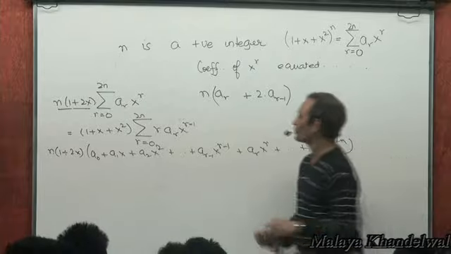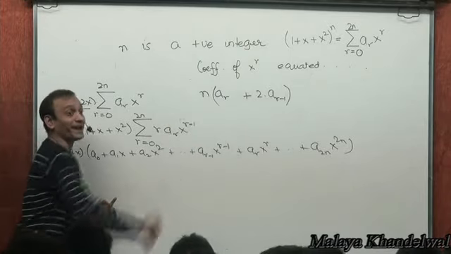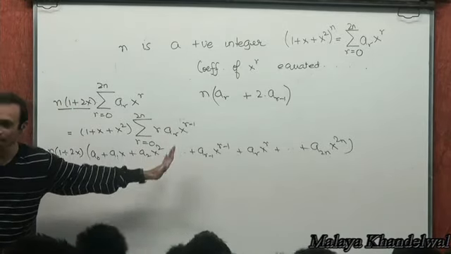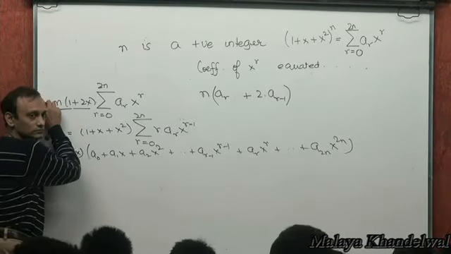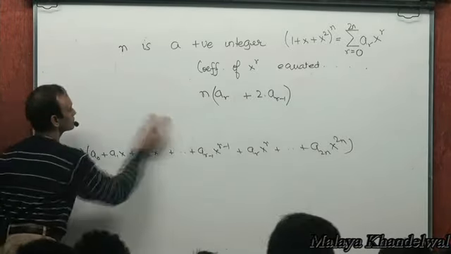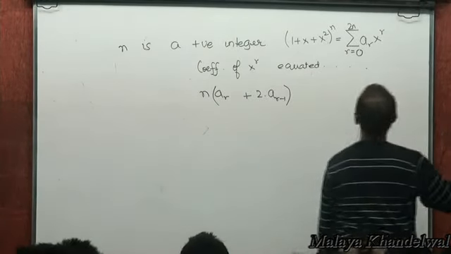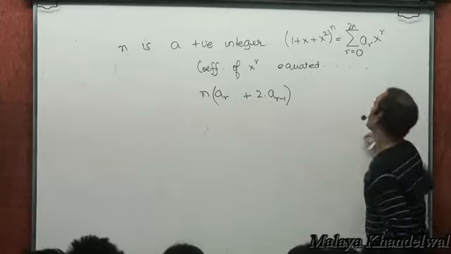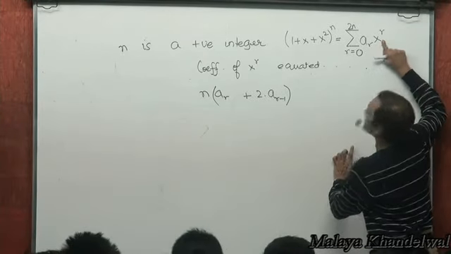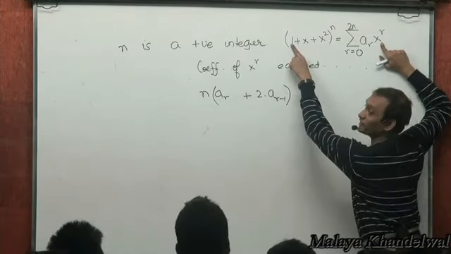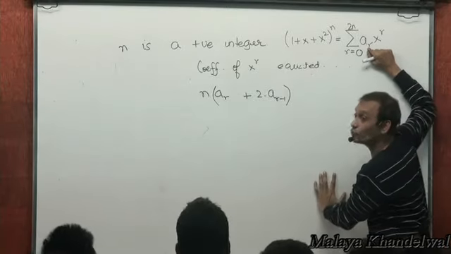Now the coefficient of x^r on the left hand side is this. On the right hand side, there is an x^r, which when multiplied with 1 will give me x^r into A_R.